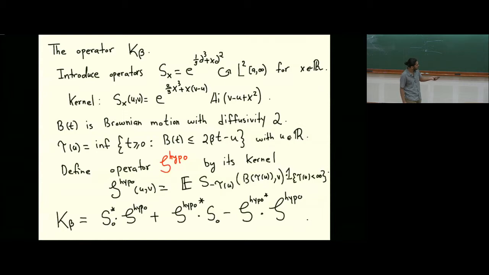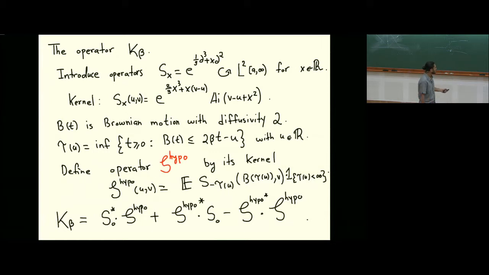So given this U and V, you start the Brownian motion at U, you compute this hitting time, you plug in here minus tau, the location where it hits, and then V. And if tau is infinite, then you don't care. You want tau to be finite.